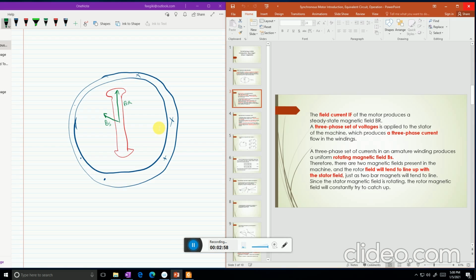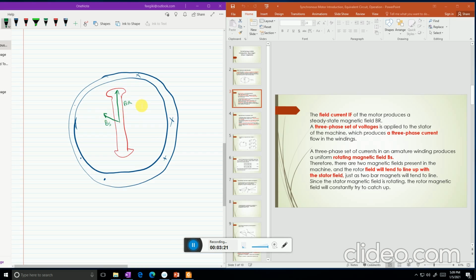So the same magnetic field starts rotating with some speed. As the stator magnetic field rotates, the magnetic field of the rotor tries to catch up with it.